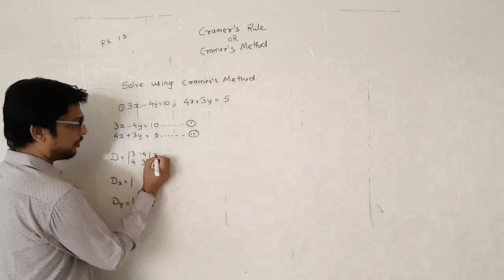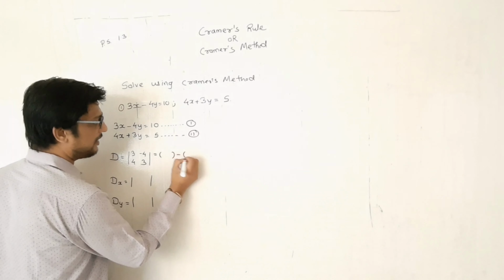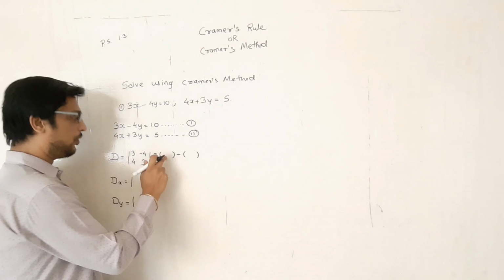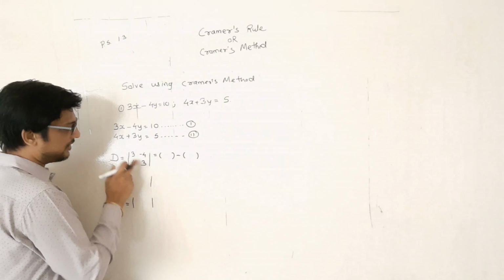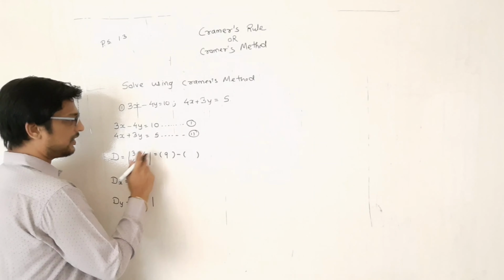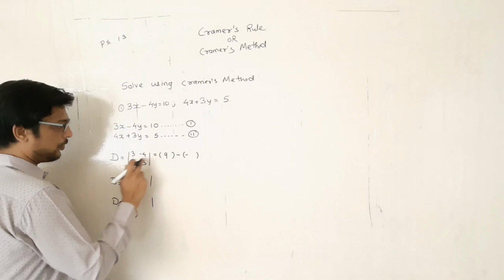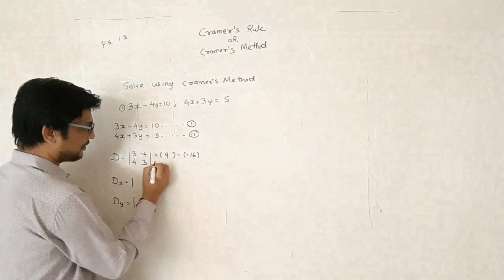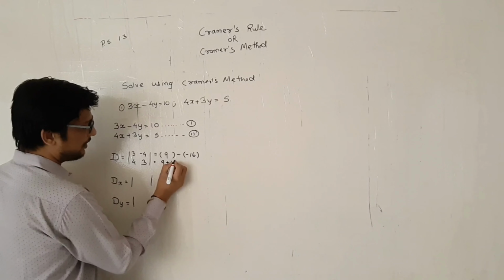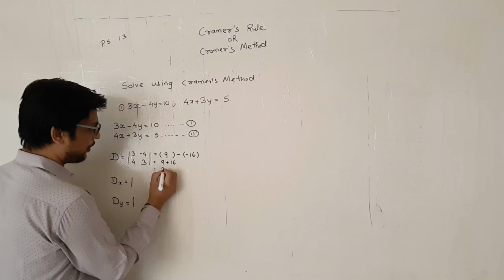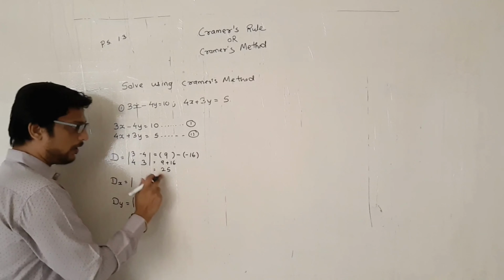Now for solving this determinant, I will use two brackets, and in between these two brackets I will write a minus sign. In the first bracket, this into this, 3 3s are 9. Then plus into minus, minus. 4 4s are 16. Now I will open this bracket. 9 plus 16. This will become 25.